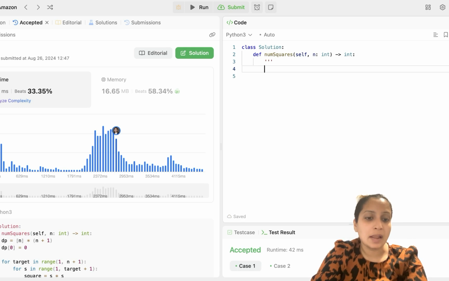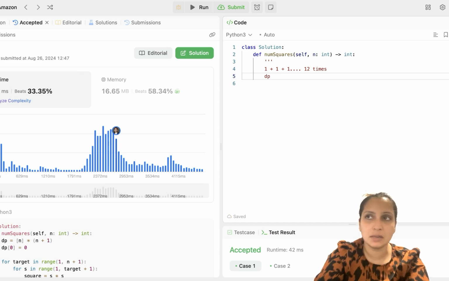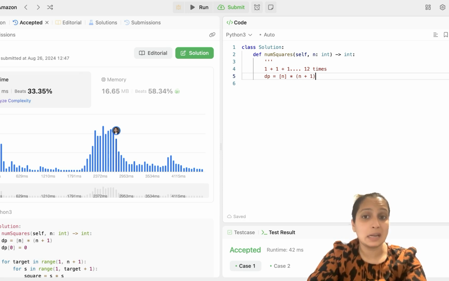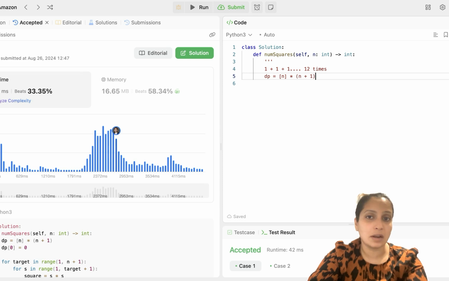Suppose n is 12. 12 can be reached by 1 plus 1 plus 1, 12 times, right? That is possible for any integer, so this would be my base case. I will initialize my DP array with n, n plus 1 times.